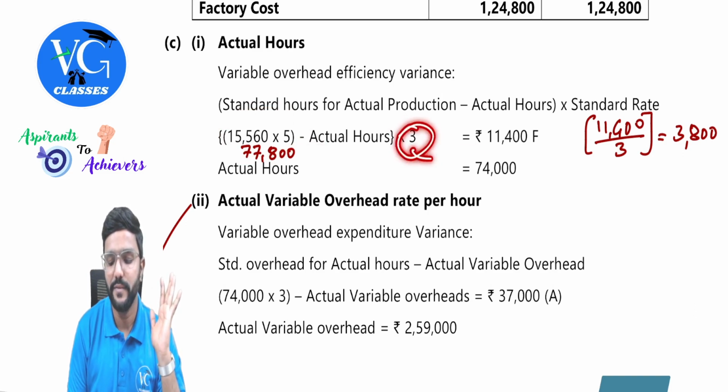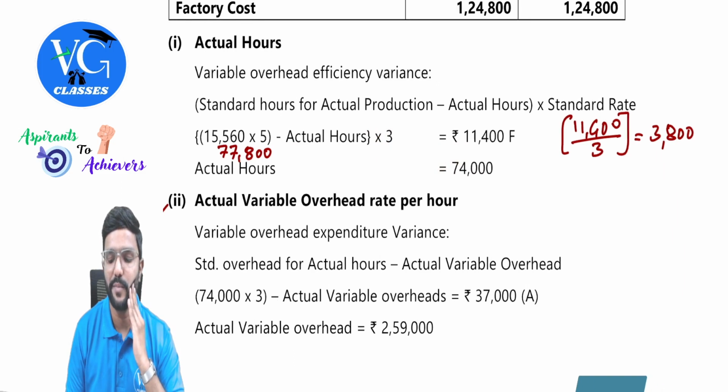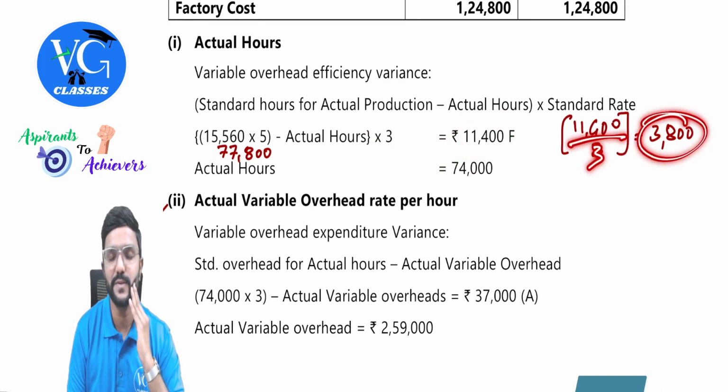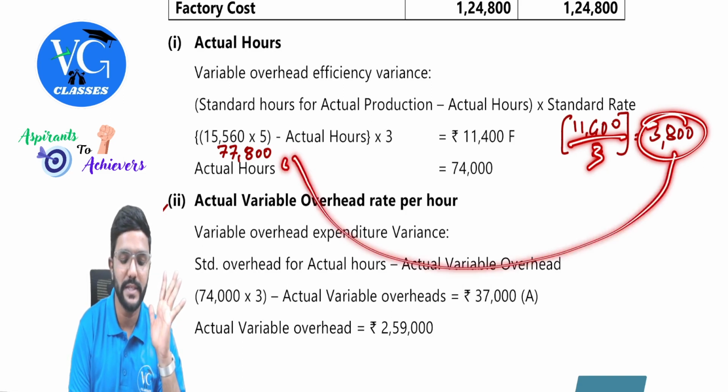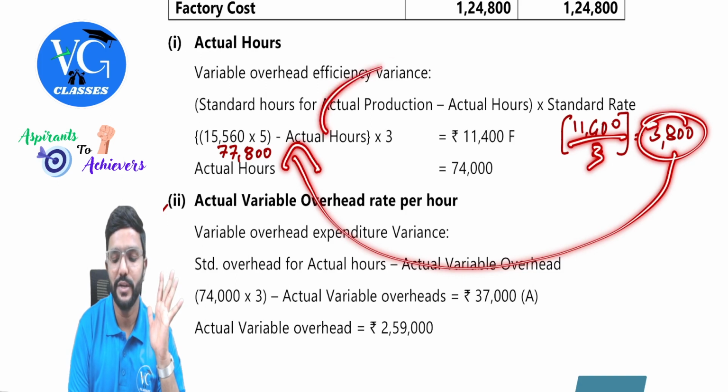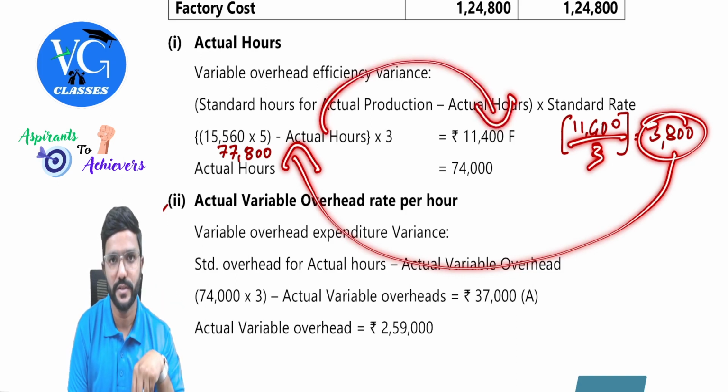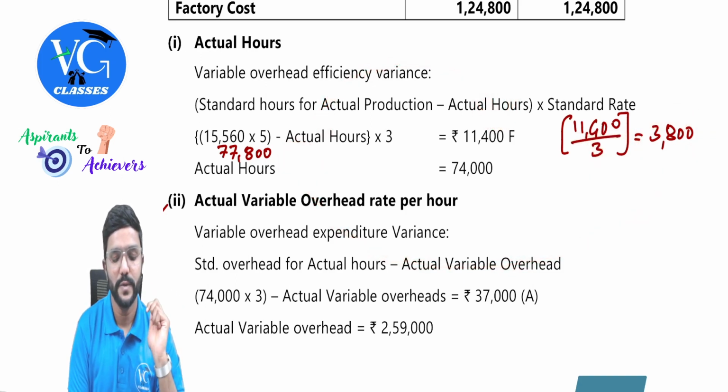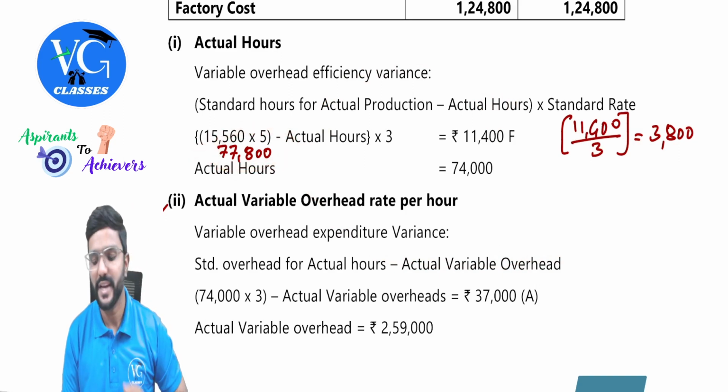Into 3 is there, we will take it to the other side. So it becomes denominator. So 11,400 divided by 3 will give us 3,800, a positive figure because it is favorable. Then take it to the other side, it becomes minus. Actual hours you take to the other side, it becomes plus. So actual hours is equal to 77,800 minus 3,800. It will give us 74,000.